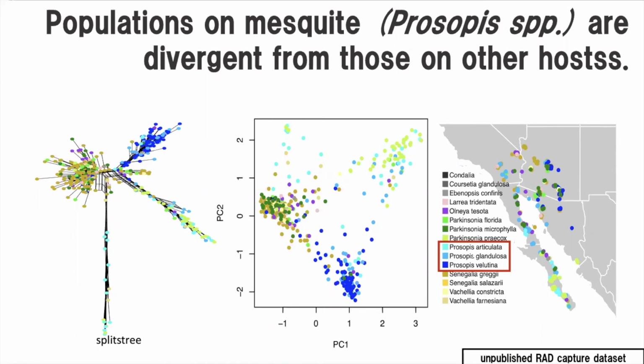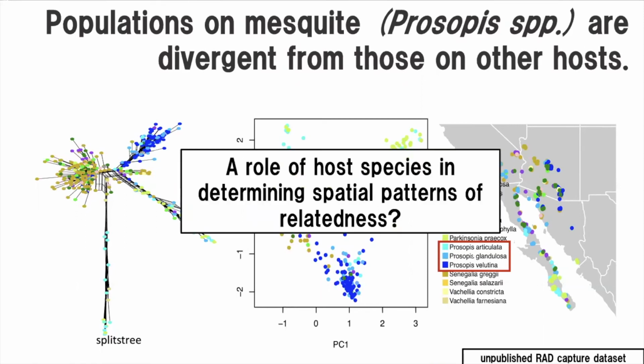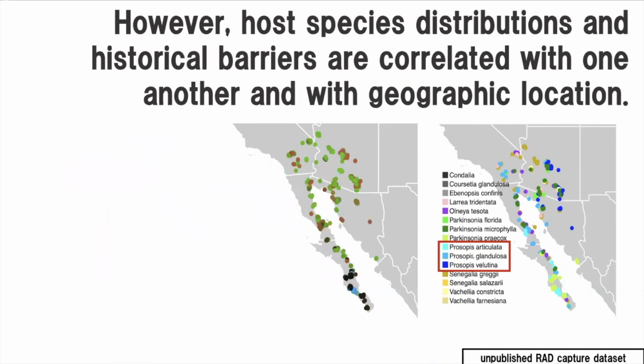So there's something about living on mesquite that is much different than living on either acacia or palo verde or ironwood, etc. So does this indicate a role of host species in determining spatial patterns of relatedness? And how do both the historical barriers that may be present and host species distributions relate to the role simply of isolation by distance? Because you can see some geographic patterns, obviously, in both of these different factors.